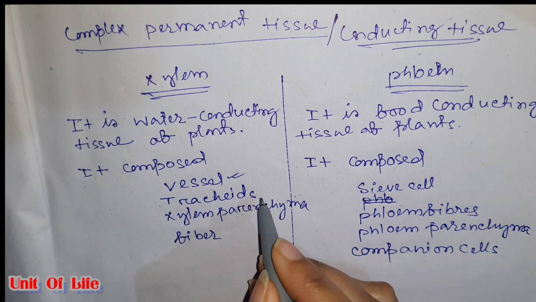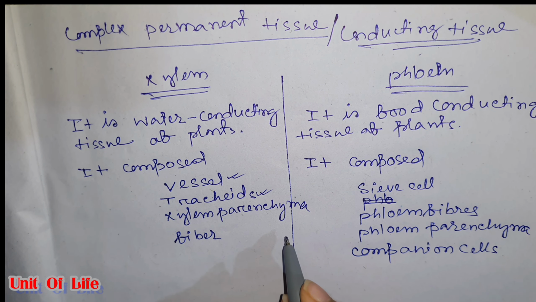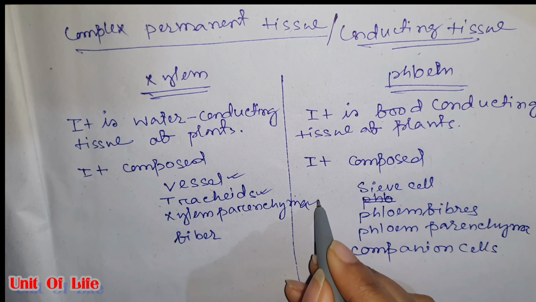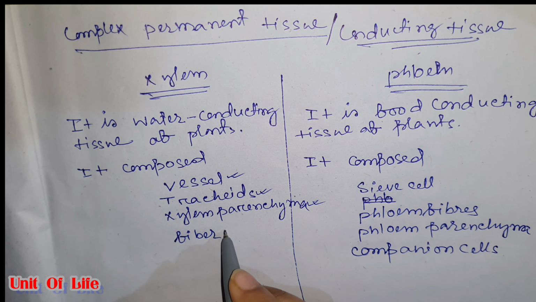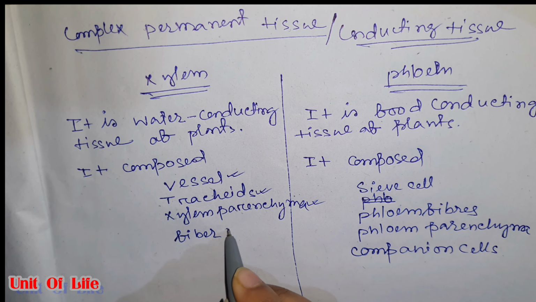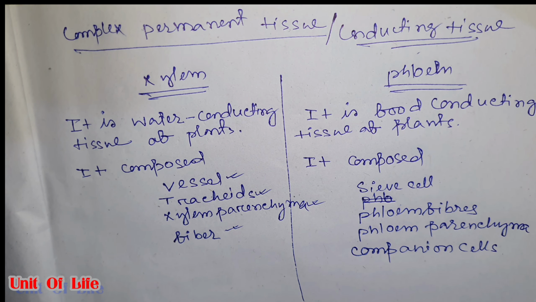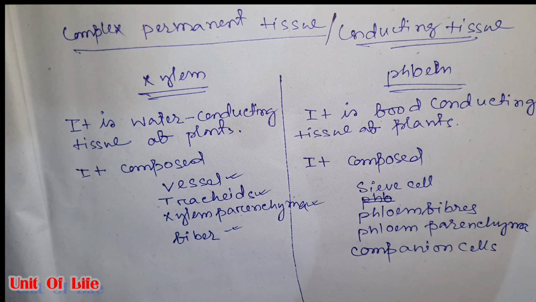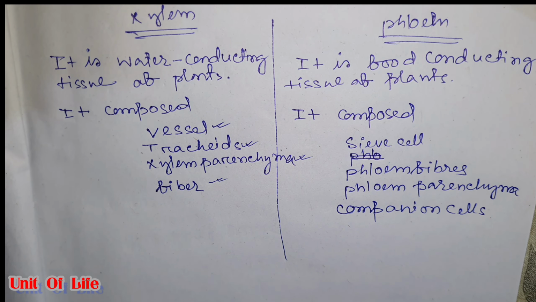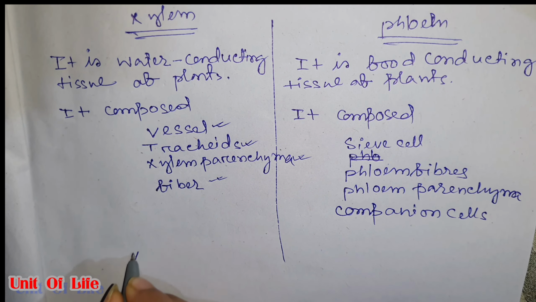Xylem and phloem tissue extend from the tips of the root to the tips of the leaves. It means xylem and phloem tissue together form the vascular bundle, and this vascular system is extended from root tips to leaf tips.